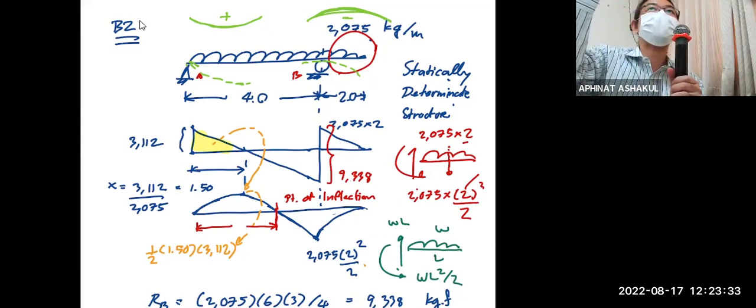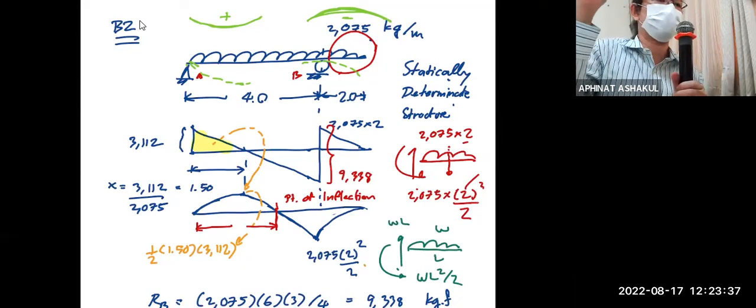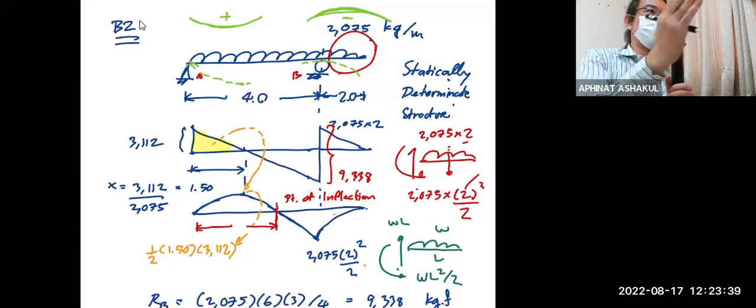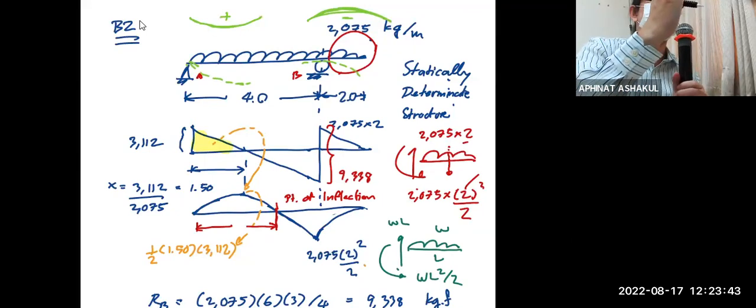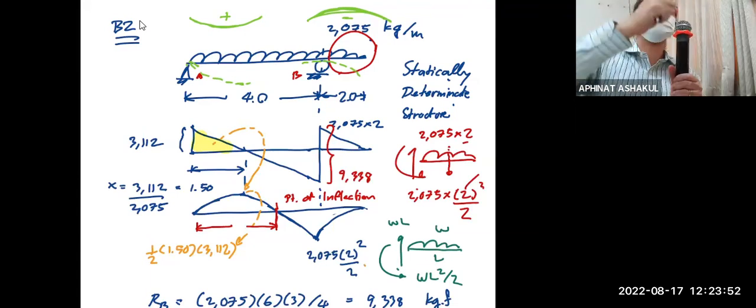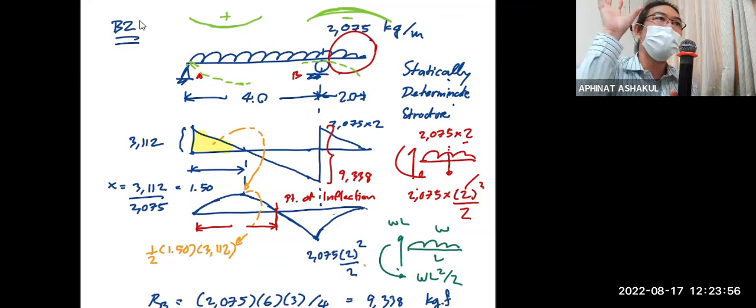So please don't take any notes yet. Without doing anything, you just take a look at your beam and you realize that it has to deform like that. It has to deflect like that. You must realize right away that this beam will have both positive and negative moment just by looking at how it is going to deform.